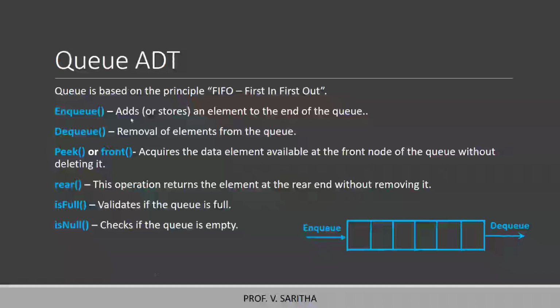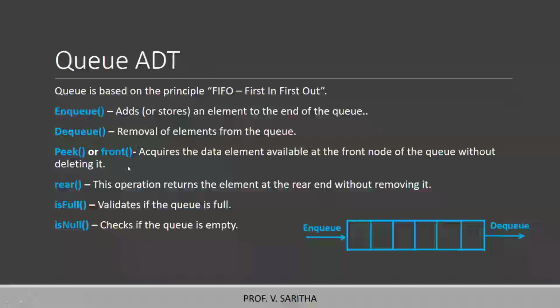So what are the operations we have in the queue? Enqueue is nothing but inserting an element into the queue. So this adds an element at the end of the queue. Then dequeue, removal of the elements, we are going to do.